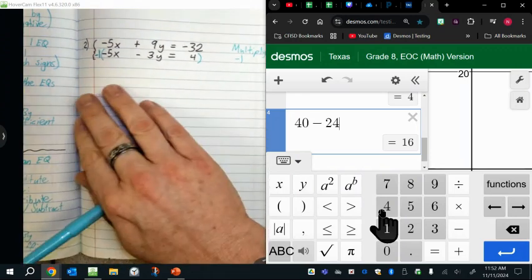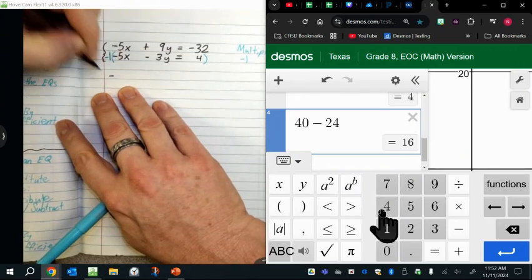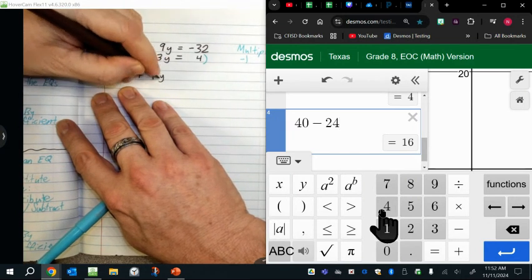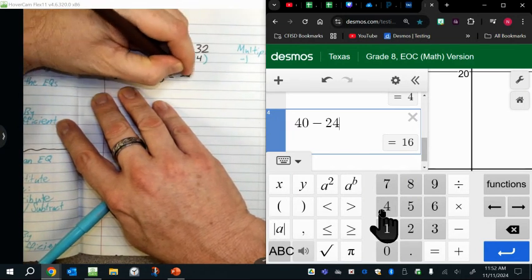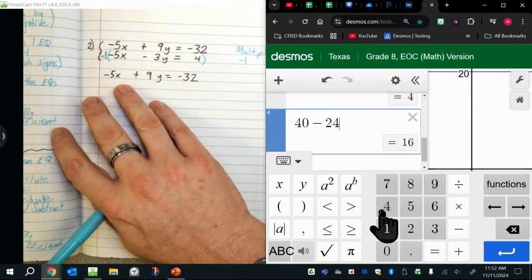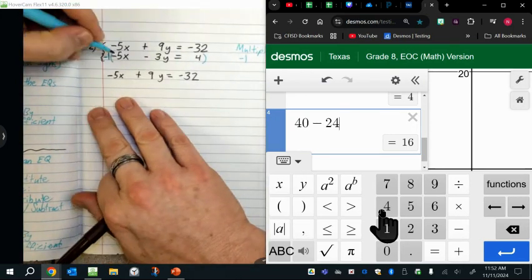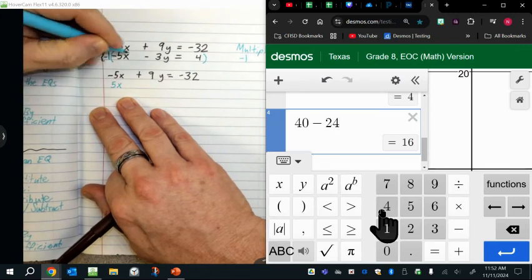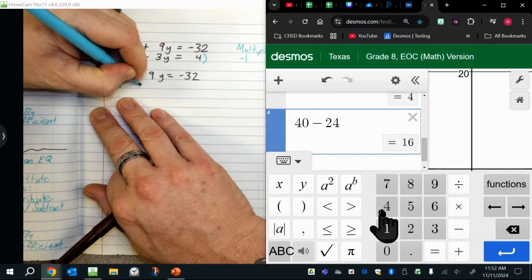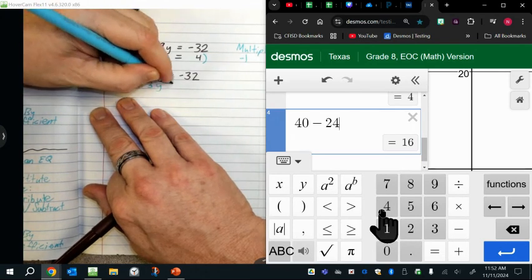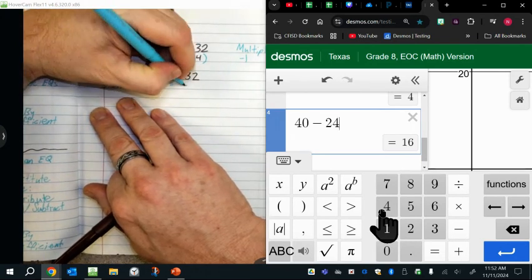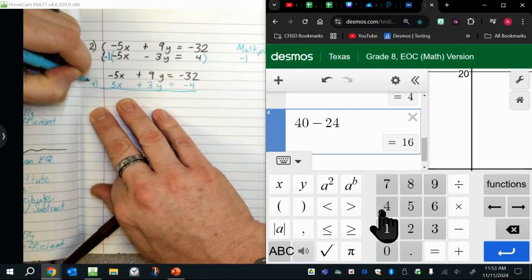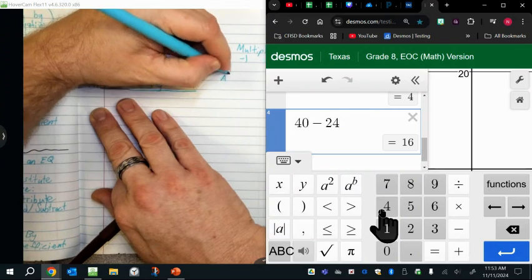So I'm going to rewrite the top equation. I have -5x plus 9y equals -32. And if I multiply this by -1, this becomes a positive 5x, -1 times -3, positive 3y, and a -1 times 4, -4.